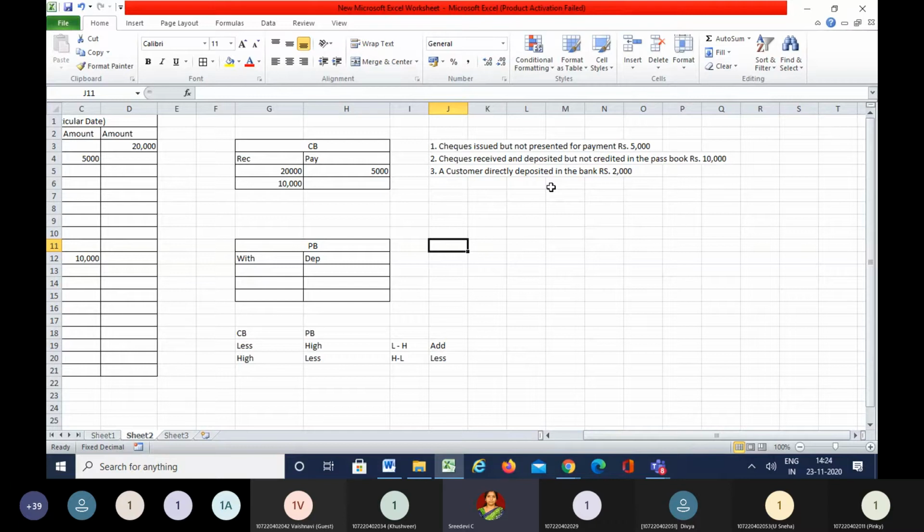How much has he deposited? 2,000. So first, by reading this particular reason, you have to understand in which book it was being recorded first.